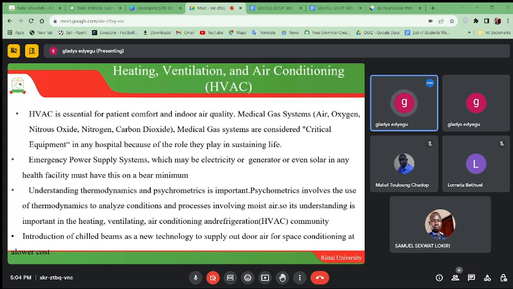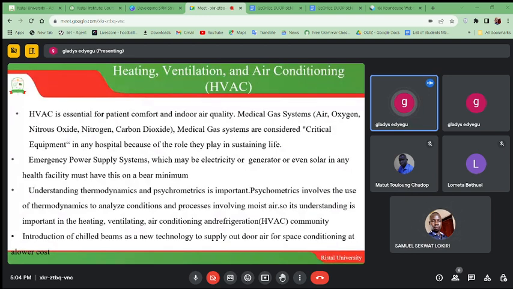So we should try to ensure that we have this on standby. When you don't have electricity, the generator should be on standby. When the generator has no fuel, then you should be having solar, which can help us with continuous service provision.